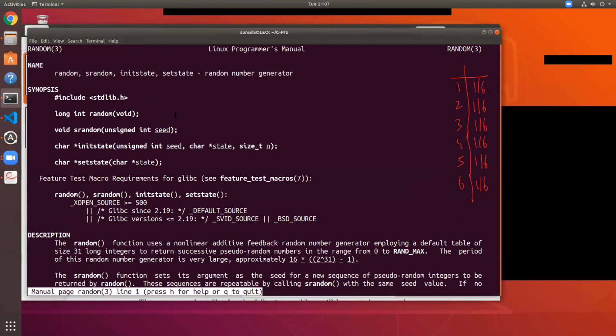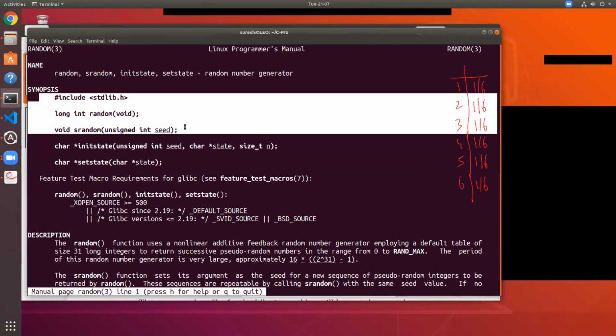So you can use this random function. When you try to do this, you have to use random and srandom. I will leave you there to do a little bit more research and figure these things out.